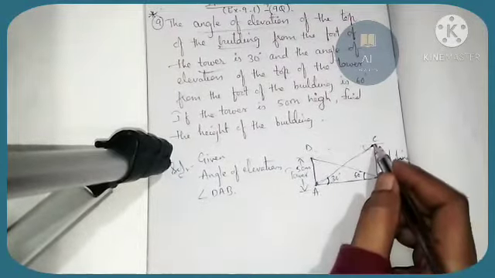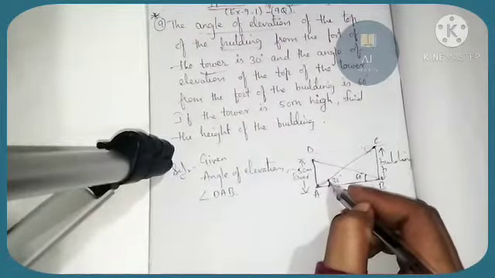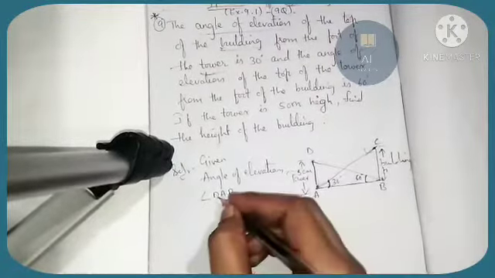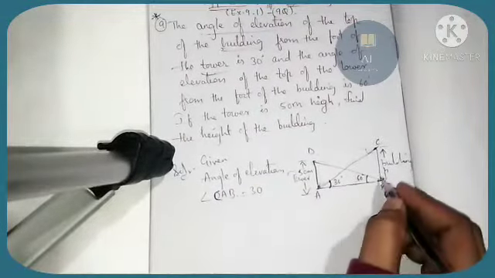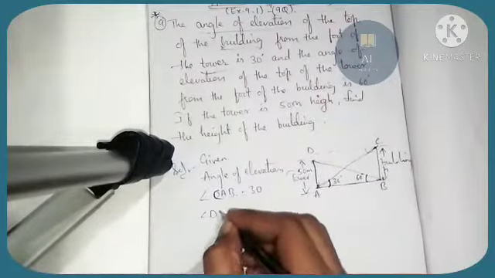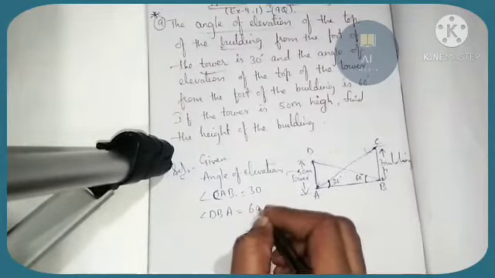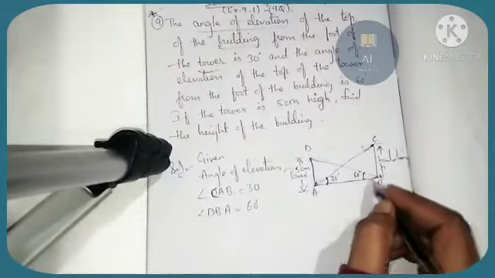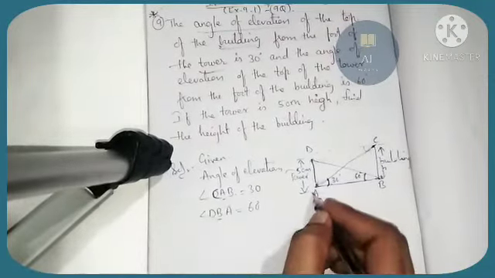So here you have to take CAB is given. CAB angle is forming between CAB is equals to 30 degrees. Here it is forming DBA is equals to 60 degrees. Here you can see 60 and B. So B in the middle, A in the middle.